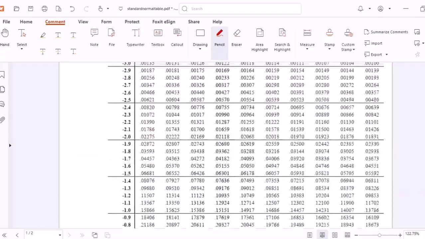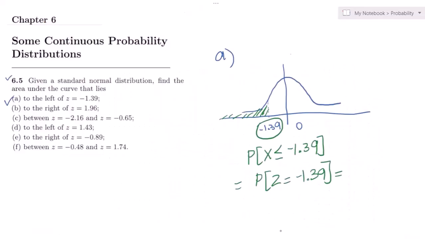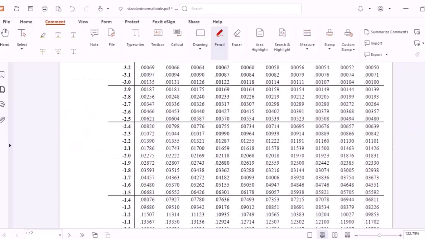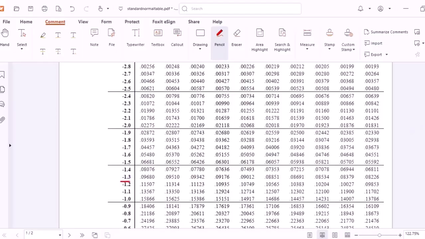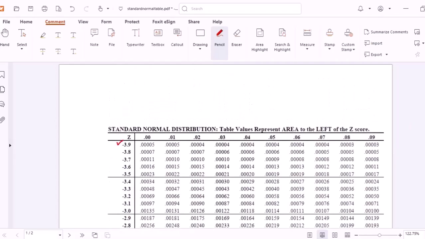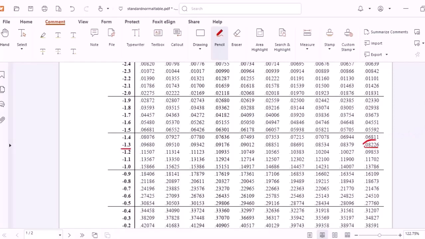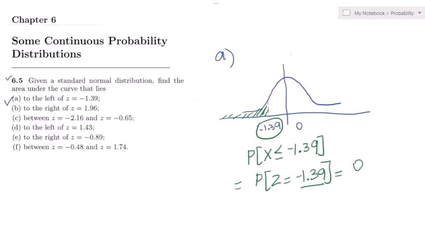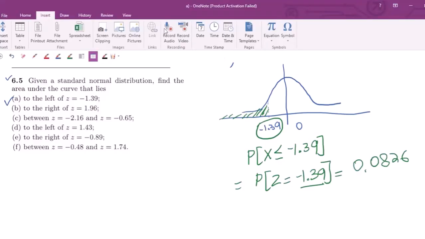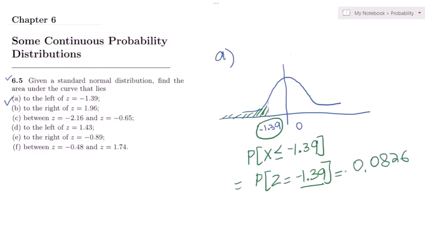We have to find the value of minus 1.39, so let me first go to minus 1.3, and then the column for 0.09. Here is the value which we have, 0.0823, and that is the solution of part A of my question.